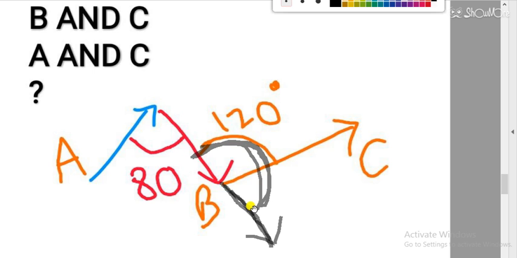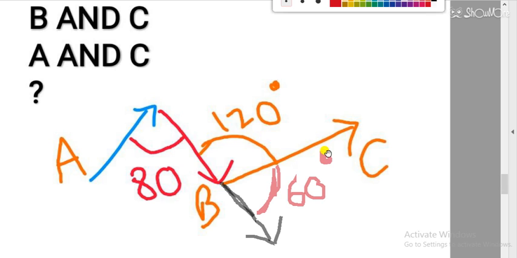So the angle between vector B and C will be 60 degrees.